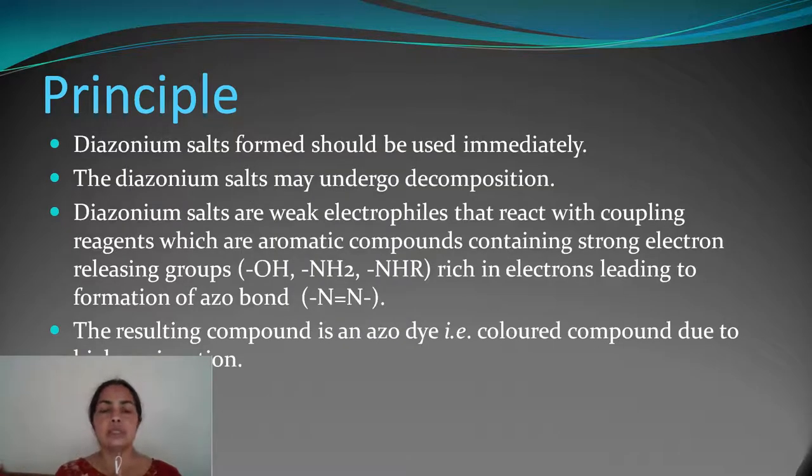When we see the principle behind this practical, in this reaction diazonium salts are formed, and we have to use these diazonium salts immediately after their formation because they may undergo decomposition.